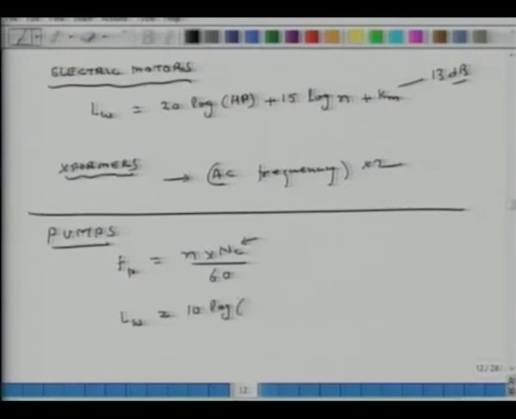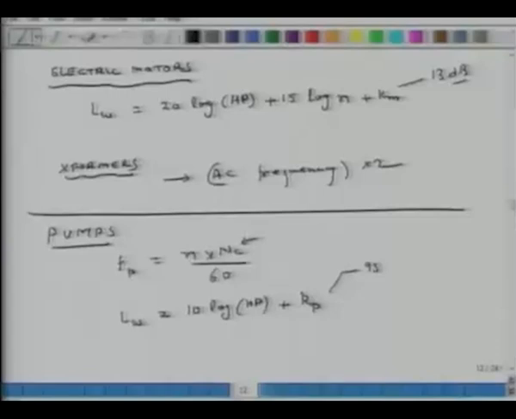Again, a lot of these pumps are rated in horsepower, so you don't have to do a lot of conversion, plus Kp. Kp is provided by the manufacturer, or if you don't have anything, then it is 95 dB for centrifugal pumps, 100 for screw pumps, and 105 for reciprocating pumps.